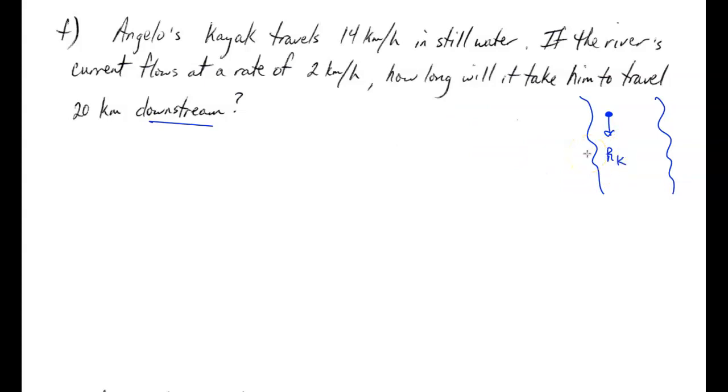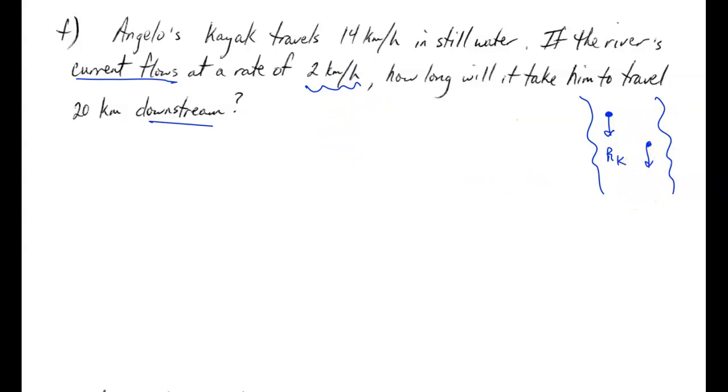One of the general principles that we know about the flow of rivers is that rivers always flow downstream. Okay. So since the river's water current is at a rate of 2 kilometers per hour, since rivers' water flow downstream, that is also going to be going down as well.